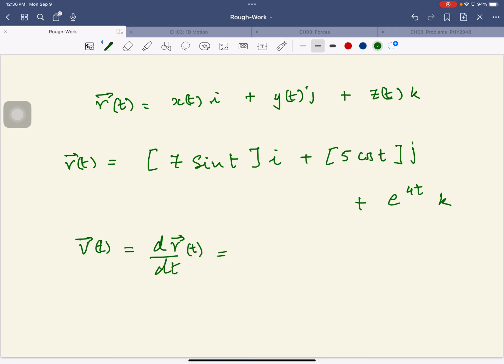Have you guys done derivatives in your classes yet? Who doesn't know derivatives? Everybody knows derivatives? Okay. So this is dx by dt i plus dy by dt j plus dz by dt k.